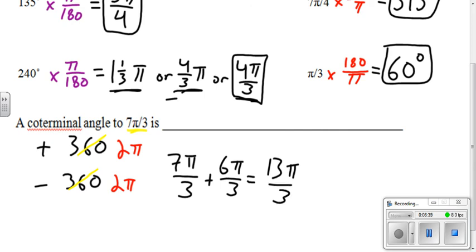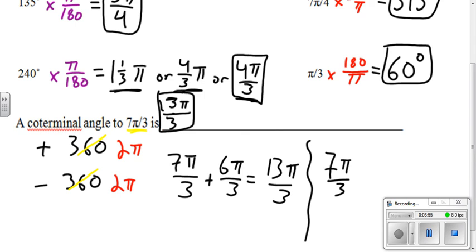So 13 pi over 3 is one of our coterminal angles. Or, if we wanted to go the other way, we'd have 7 pi over 3 minus 6 pi over 3. So again, in one case we added our 360 degrees, or our 6 pi over 3.